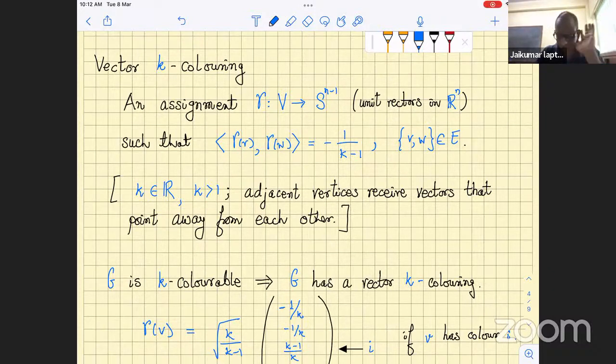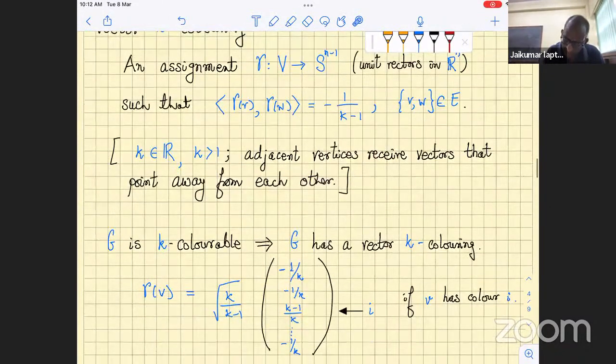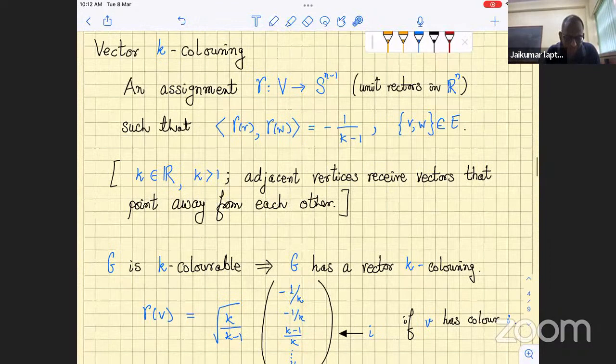So please ignore the connection with the previous discussion. I tried to motivate this minus 1 over k minus 1 by this minus 1 over t minus 1. But since when we talk about coloring, we are coloring a graph, this not belonging to the edge set and belonging to the edge set, they change roles. So don't worry about it. Now we are going to be talking about coloring. Ignore the discussion and the motivation from before.